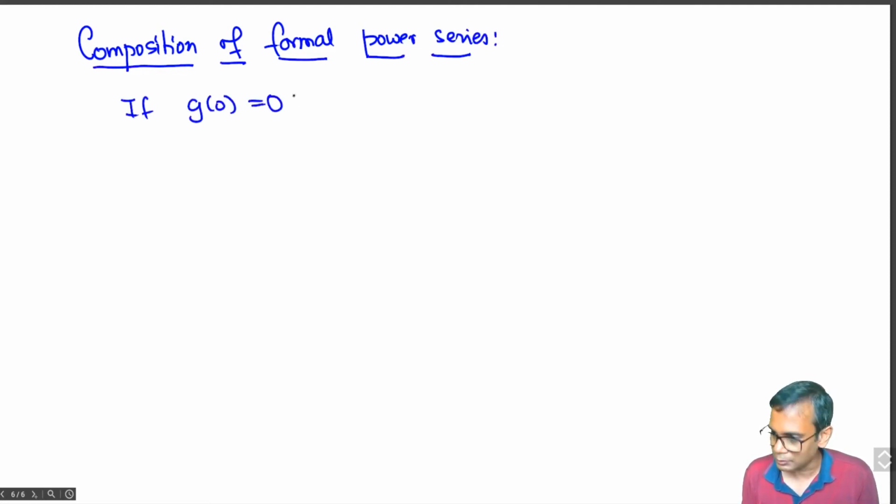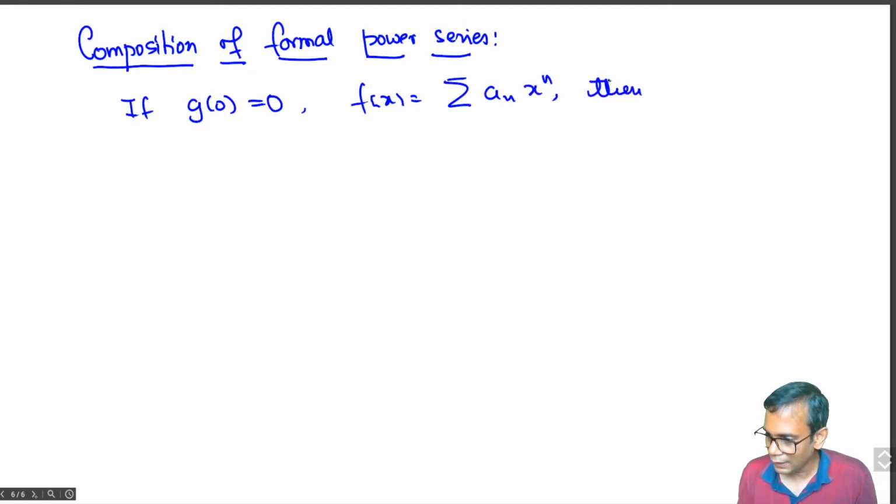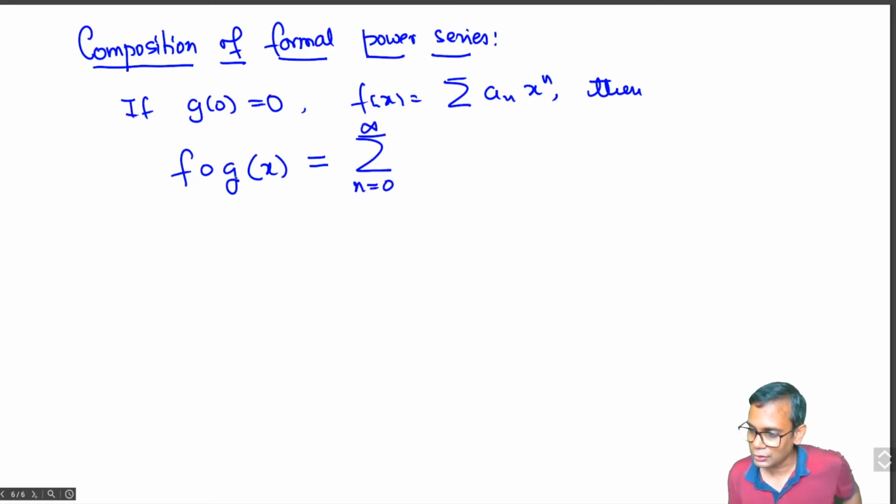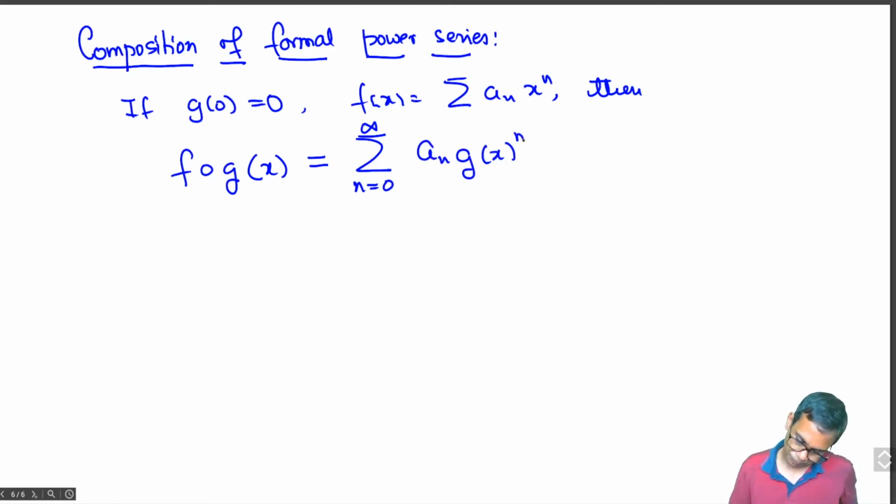the constant term is equal to 0, and f of x is equal to the summation a n x to the n. Then we define f circle g of x to be the summation n equals 0 to infinity, and what you're doing is you're just substituting for the variable x the function g of x. So you'll write this as a n g of x to the power n.